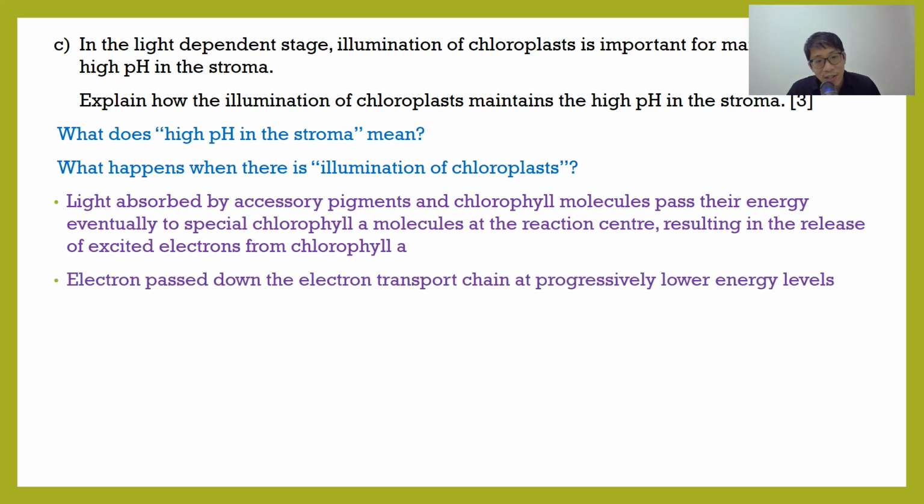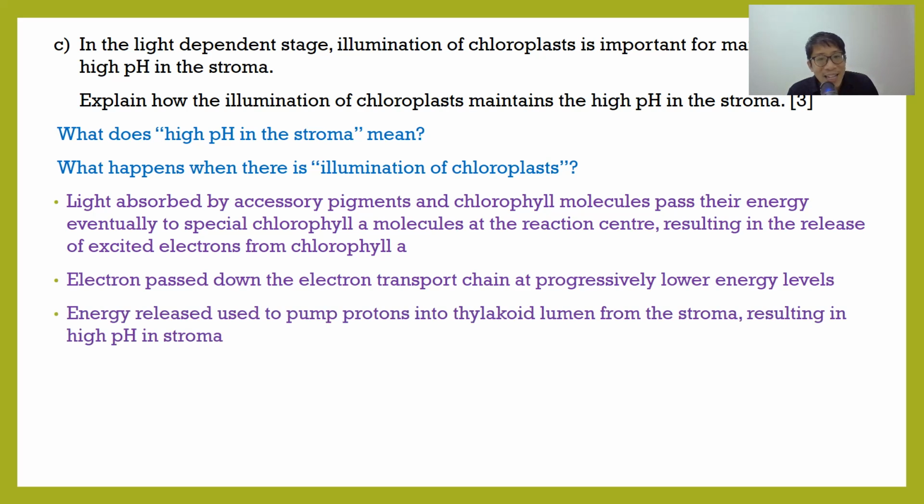After that, the process continues with the excited electrons being passed to the ETC, and the electron carriers in the ETC using the energy from the electrons to pump H+ from the stroma into the thylakoid space.